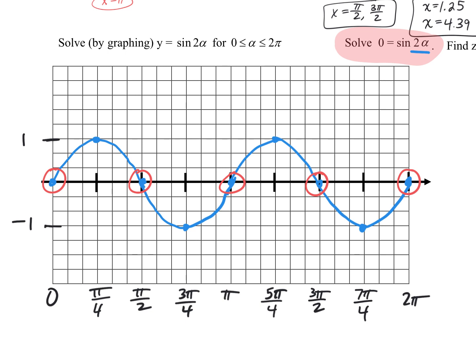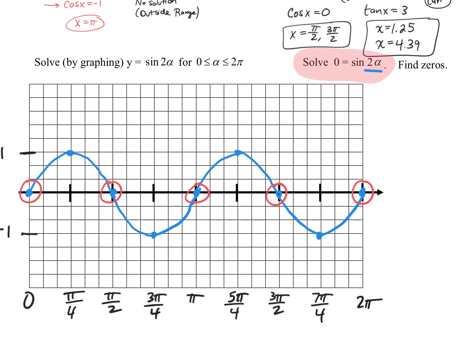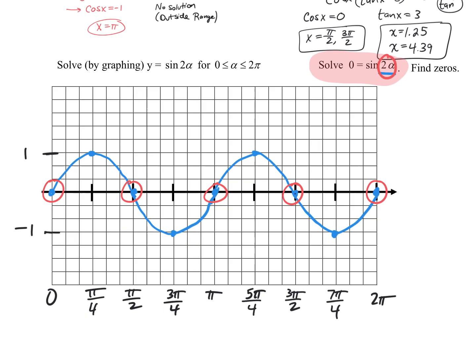Instead of having just 2 solutions, we now have 5 solutions, because in this case we're including the endpoints. So when we have a horizontal compression, or any number that's acting upon our variable, it's going to change the number of our solutions. So that's one part of this.